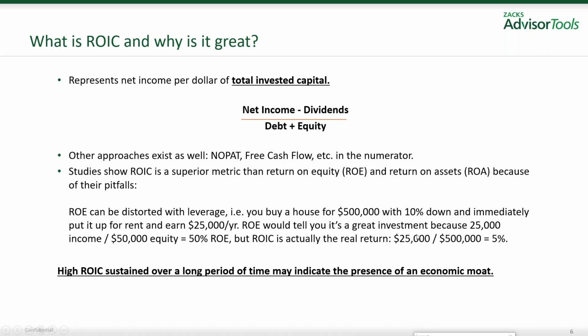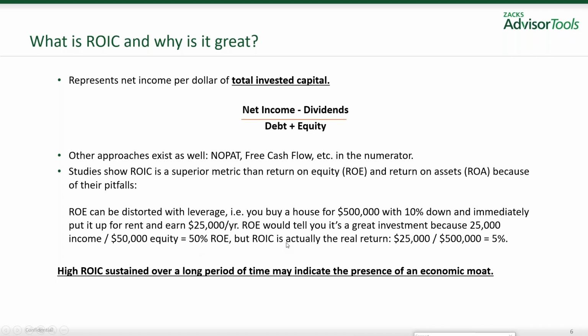So the ROE would tell you that it's a great investment because your $25,000 rent income divided by the $50,000 equity that you put up, right? That's the 10% down on $500,000. That tells you that you're getting a return on equity of 50%, which sounds great.